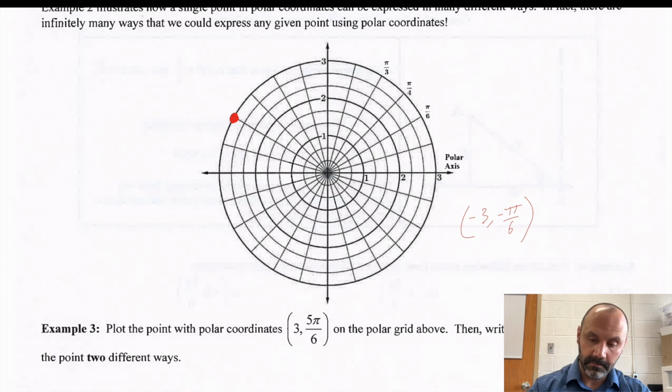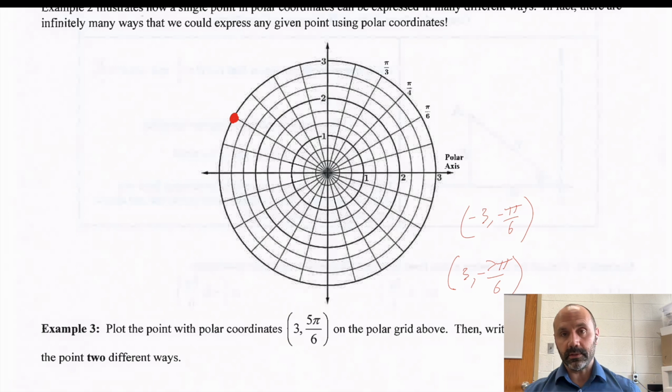I could also think of it this way, that if I use the negative angle, I can go from here all the way around, and that would be an angle of 7 pi over 6, right? I'm pi over 6 past pi. And I'm not using a negative r, so it would just be 3 comma 7 pi over 6. So those are two different ways, again, infinitely many ways of writing that.